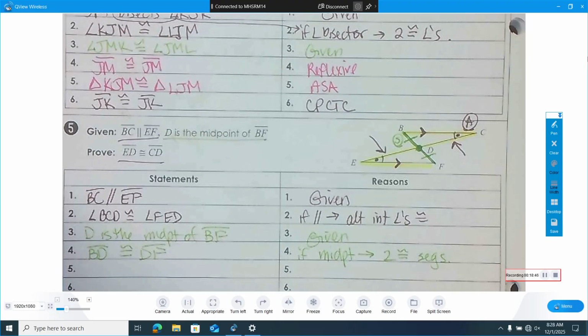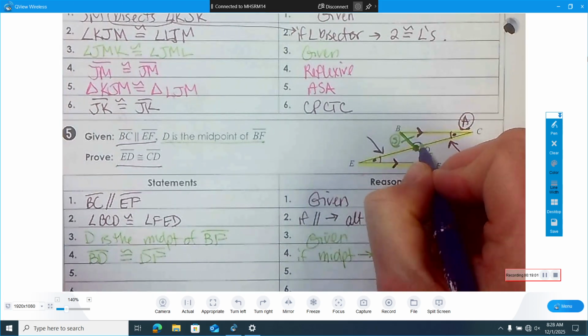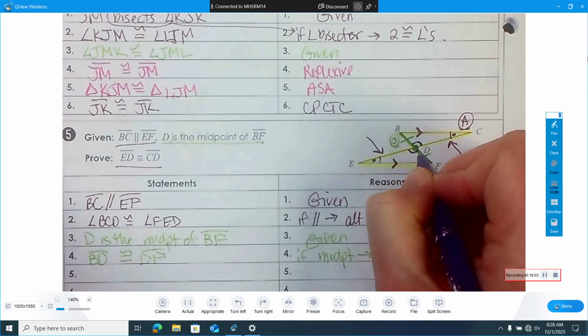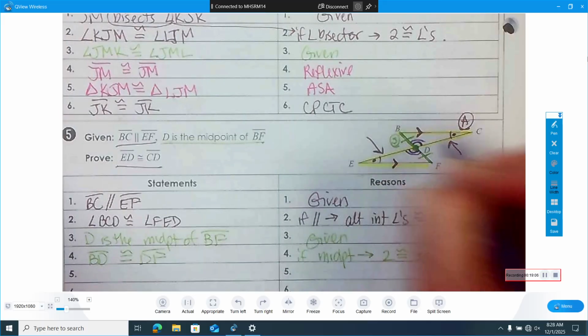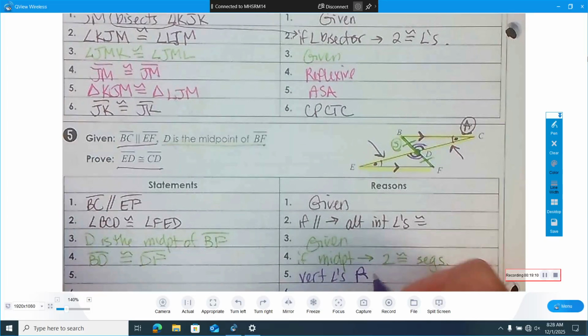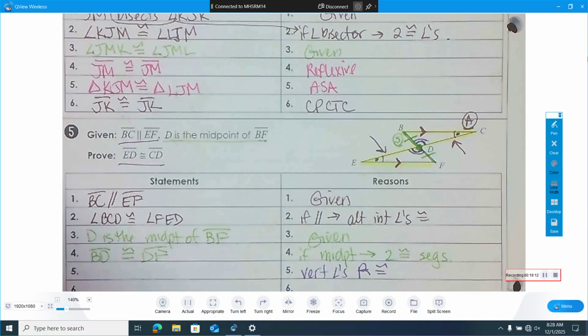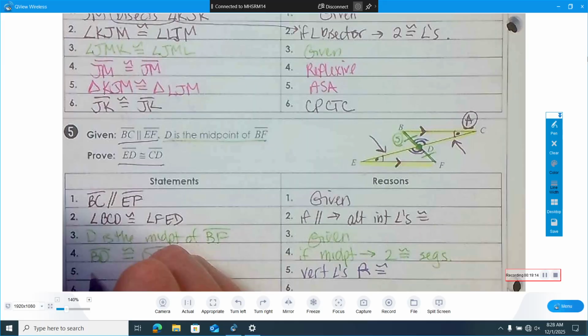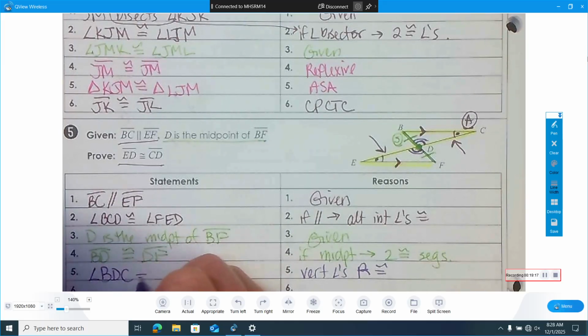All right, what else is on our picture? What else is in this picture? Vertical angles. Very good. Right here, we have a pair of vertical angles. Vertical angles are congruent. I'm going to call that angle BDC.